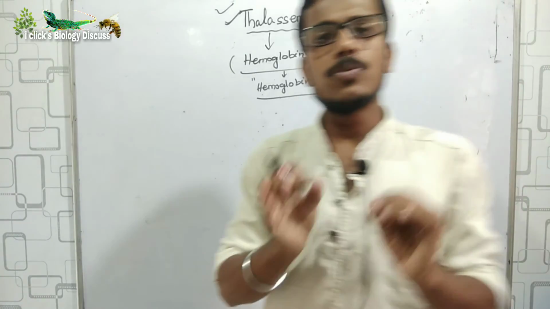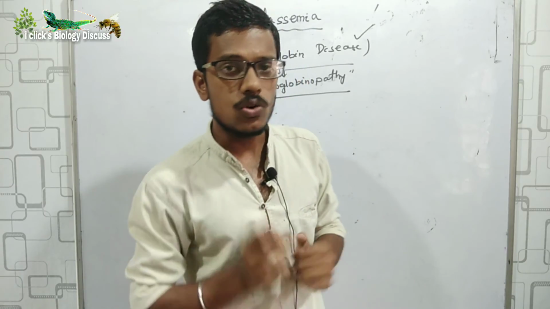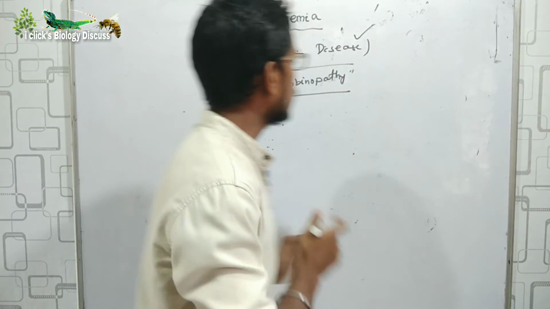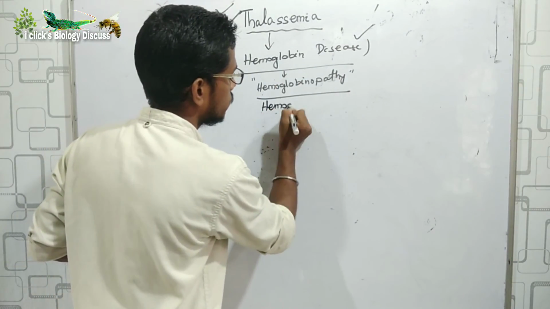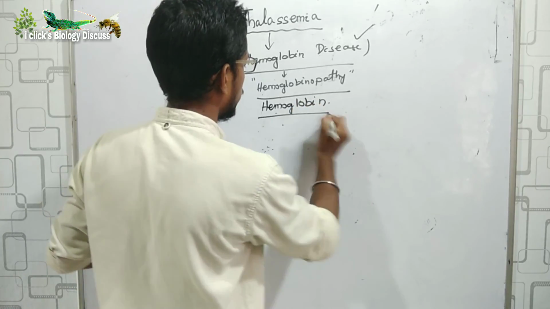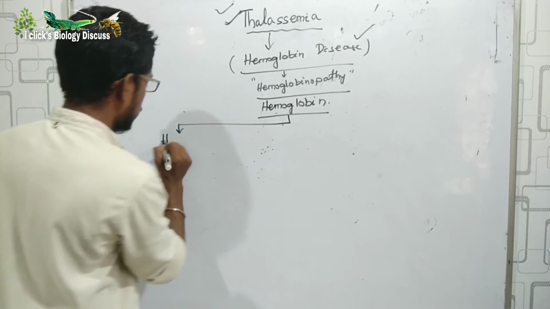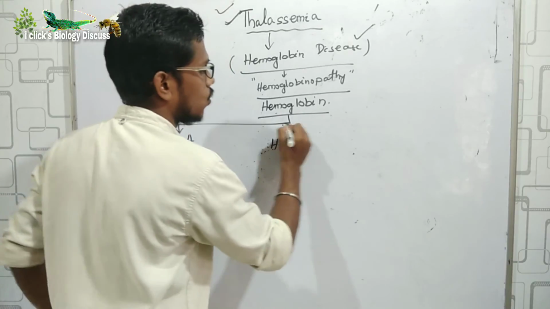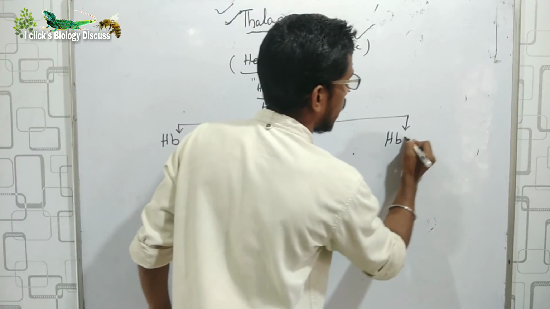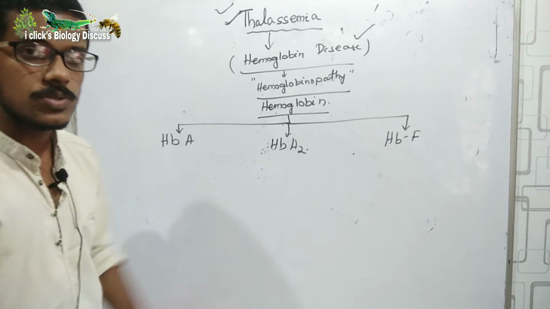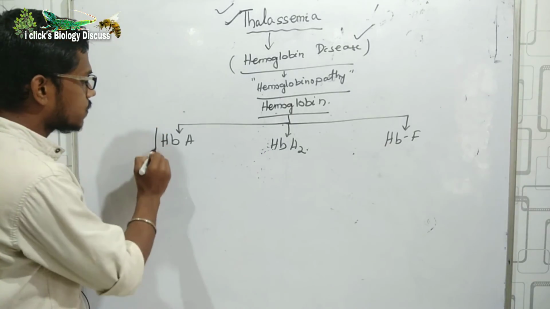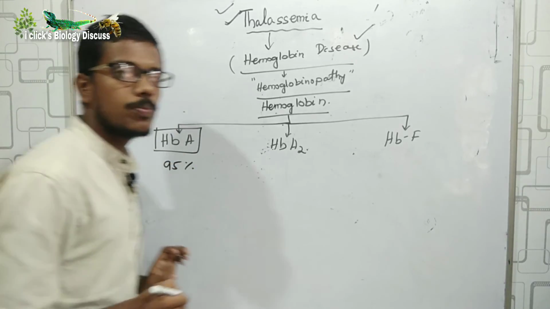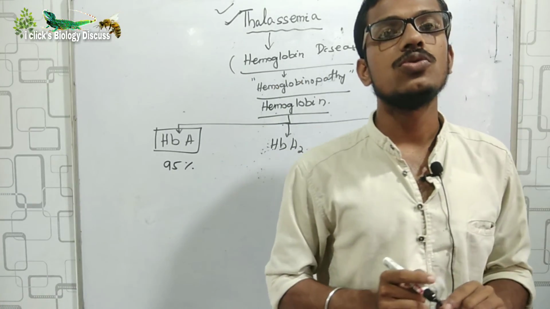If you look at the adult human being, there are three basic types of hemoglobin: HbA, HbA2, and HbF. Of these three, HbA contributes 95% of the hemoglobin in the adult.